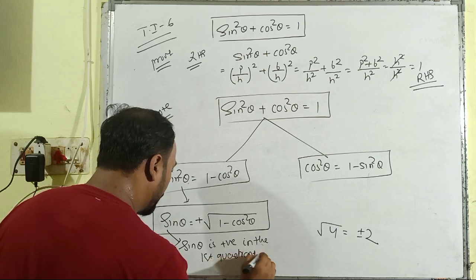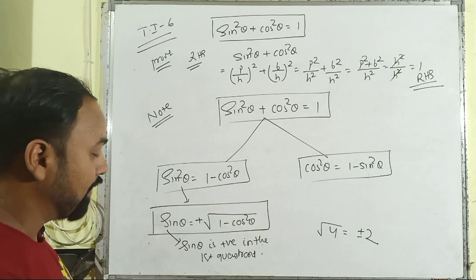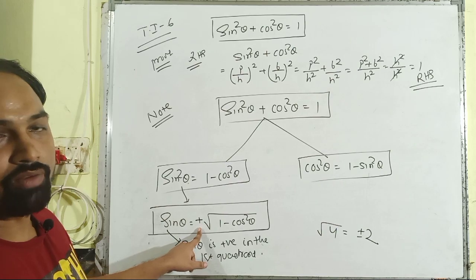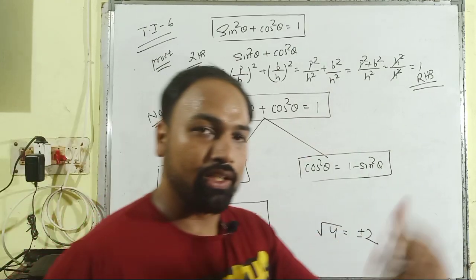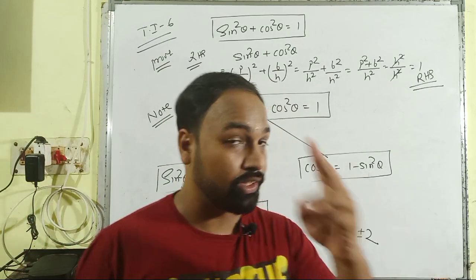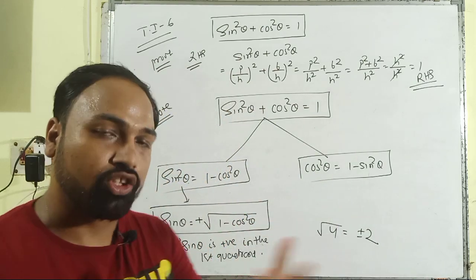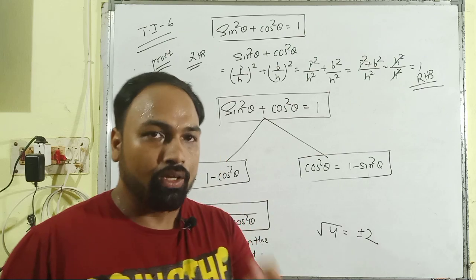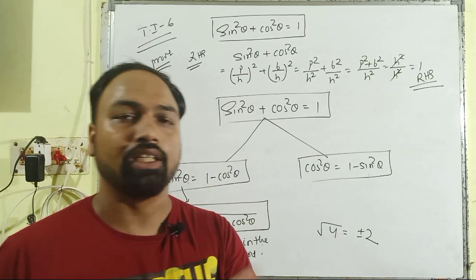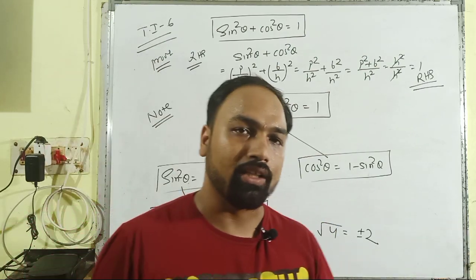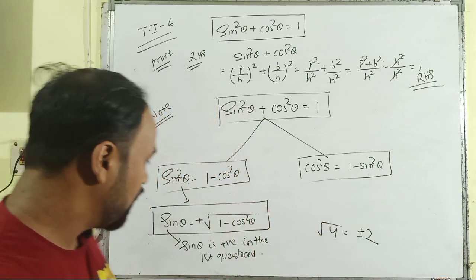For this reason, we have not mentioned a negative sign here. But whenever we study the rest of the 3 quadrants, we will see there will be a negative sign in some of the quadrants, because according to the ASTC rule, the quadrants carry the positive or negative sign.